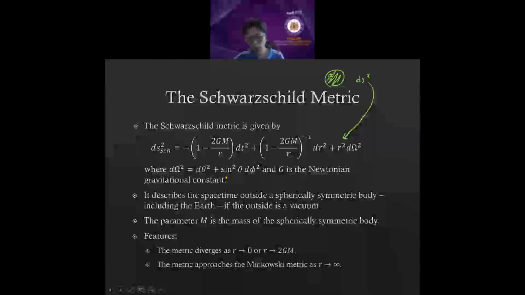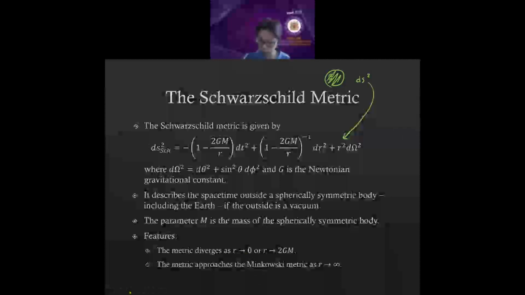Something that you would notice immediately, just by looking at the form of this metric, is two things. One, that the metric diverges as r goes to 0. What I mean by this is that the component of the metric blows up as r goes to 0.